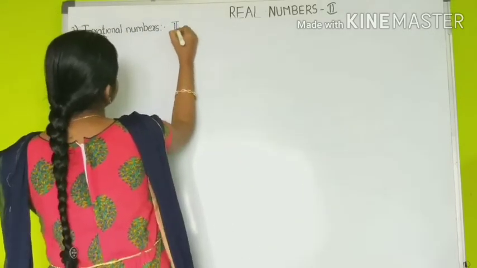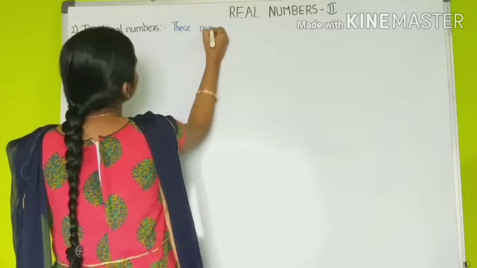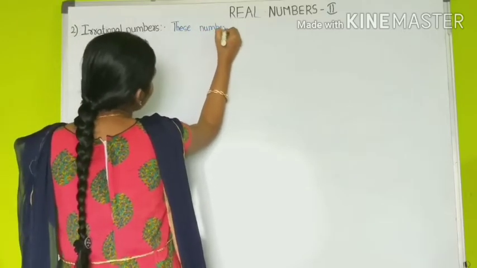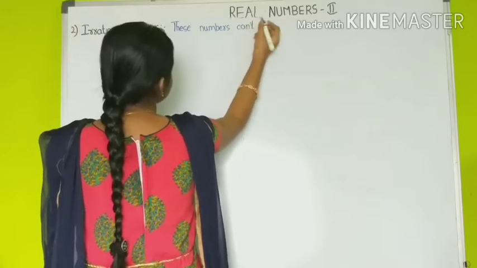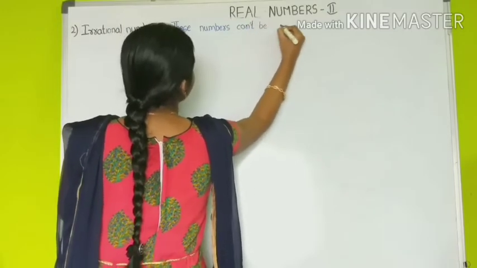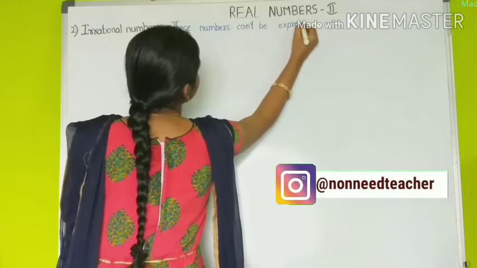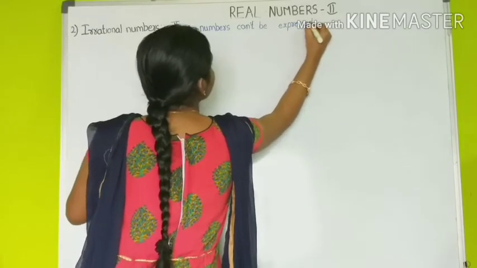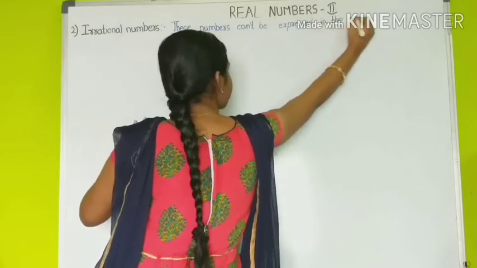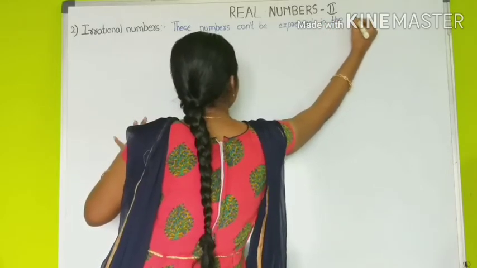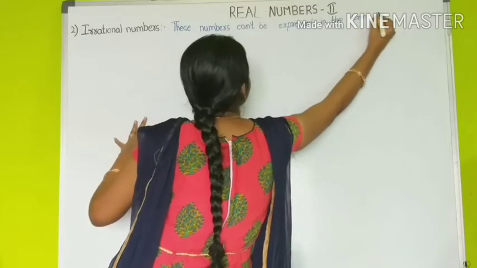These numbers can't be expressed in the form of p by q.